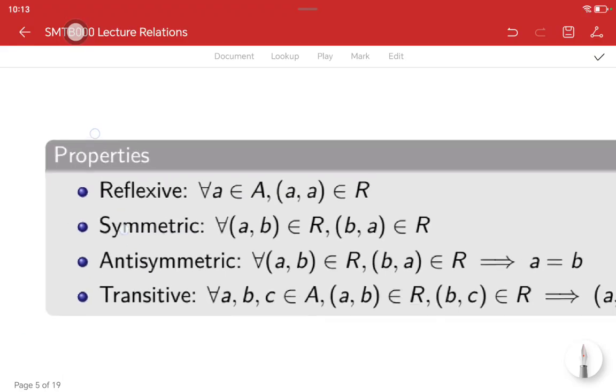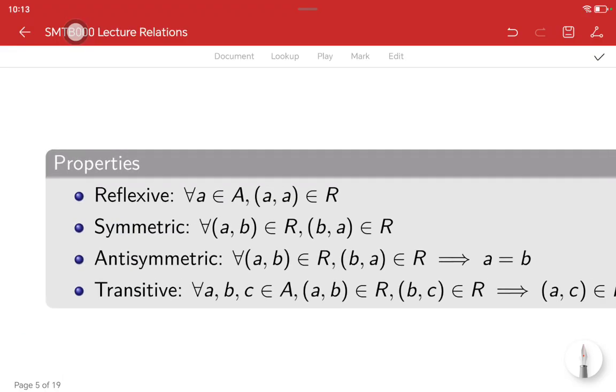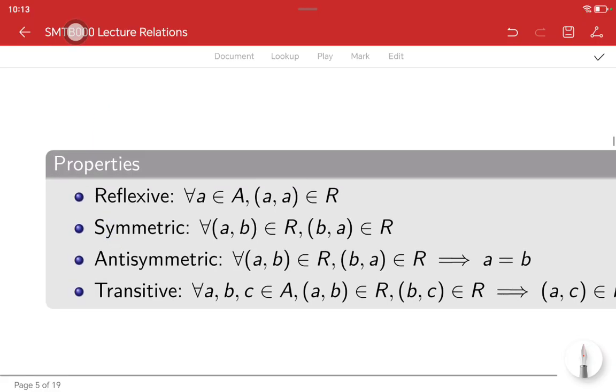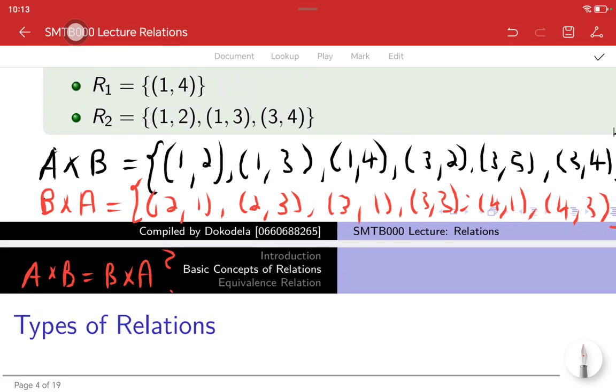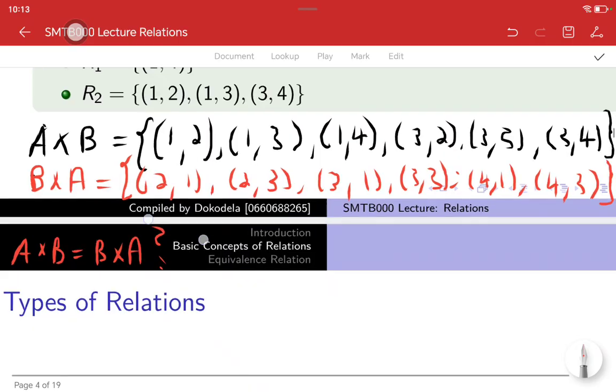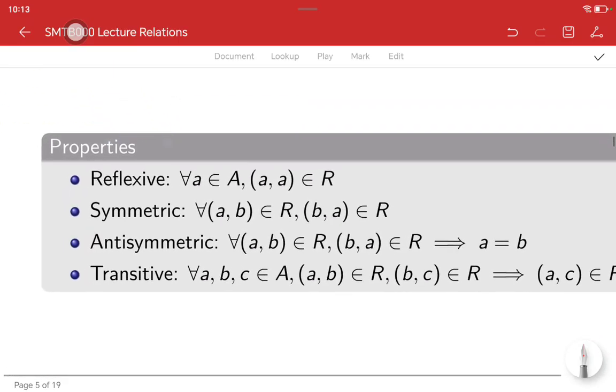Then for transitive, it includes 3 elements. So when you come to reflexive, reflexive includes an element which is A. A should be related to itself. You see, right? One element should be related to itself. For example, when we have 3, 3, you see, right? Then such should be related to itself.